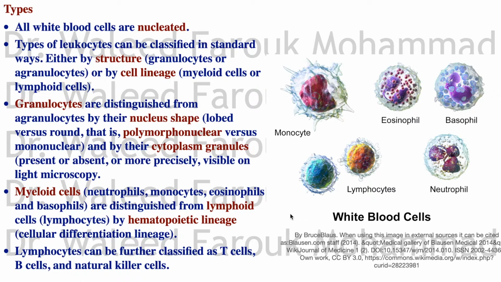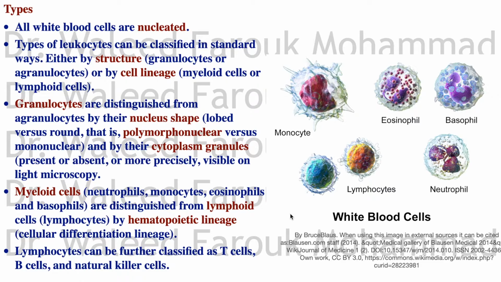Types of white blood cells: they are all nucleated, and according to structure, they are classified into granulocytes and agranulocytes. Granulocytes can be distinguished from agranulocytes by their nucleus shape.